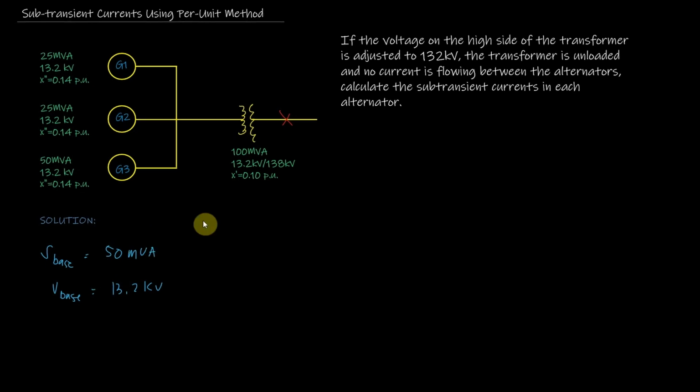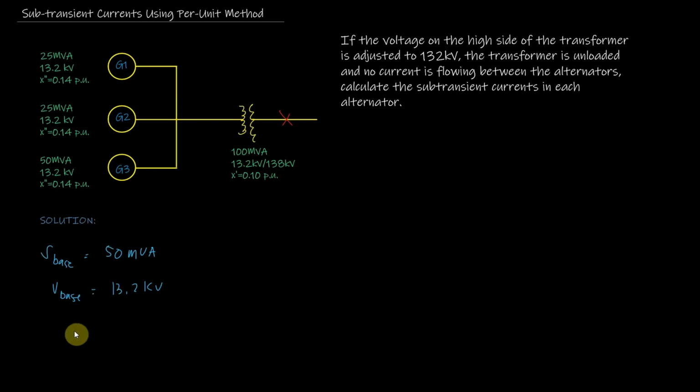Okay? So ngayon, dahil nakapag-assign na tayo ng ating mga base power at base voltage, ang susunod natin gagawin is i-convert natin itong mga reactances natin sa bawat component to that common base, which is yung base na inassign natin.